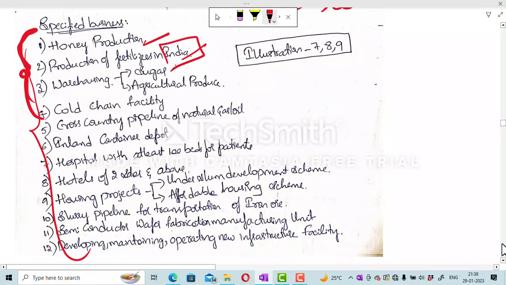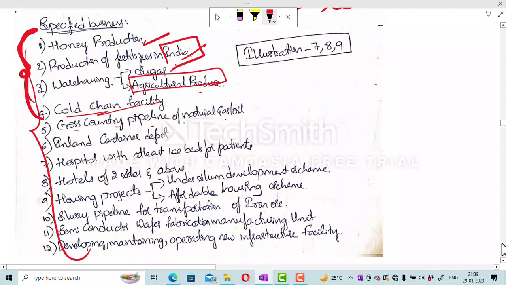And warehousing for sugar or any other agriculture produce, any warehousing facility for agriculture produce is a specified business. Cold chain facility means some produce needs some cold storage area for surviving for the future.